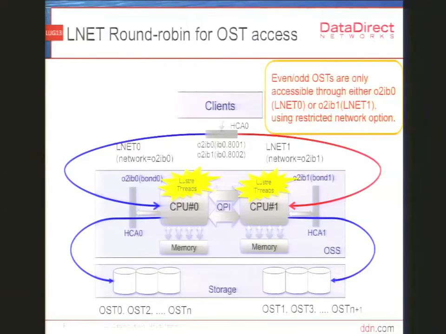When the client accesses all of the OSTs, the client sends RPCs on both networks, and the server receives all of the packets on both HCAs, then sends them to the OSTs. So both HCAs are running active.